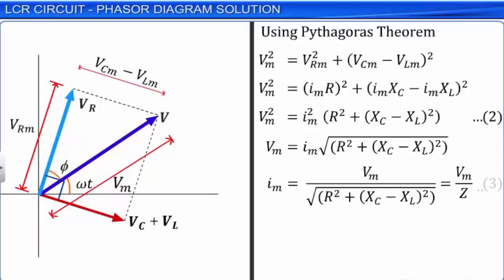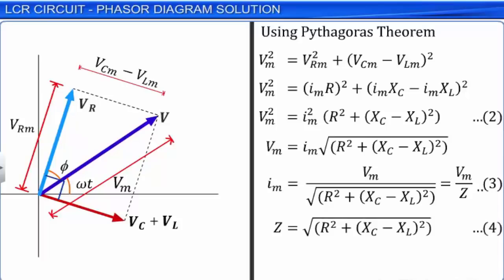Here, Z is the impedance of the LCR series AC circuit, which is analogous to resistance in a DC circuit, and is equal to under root R square plus Xc minus XL square. Let this be equation 4.